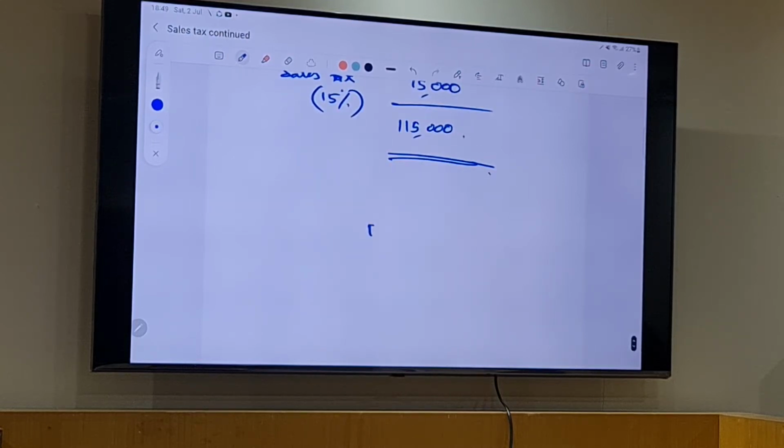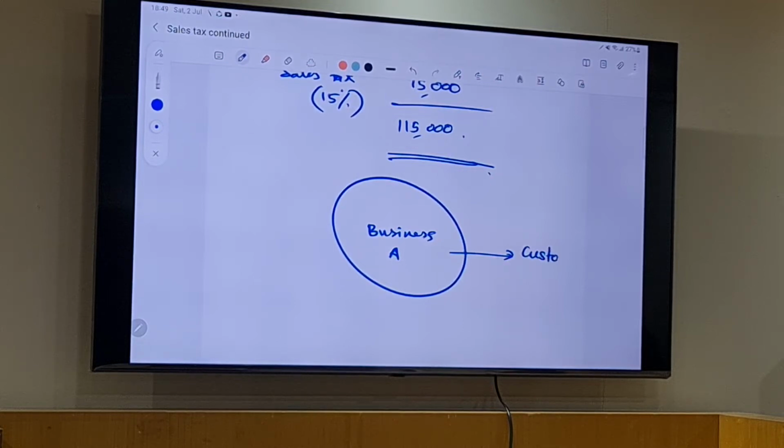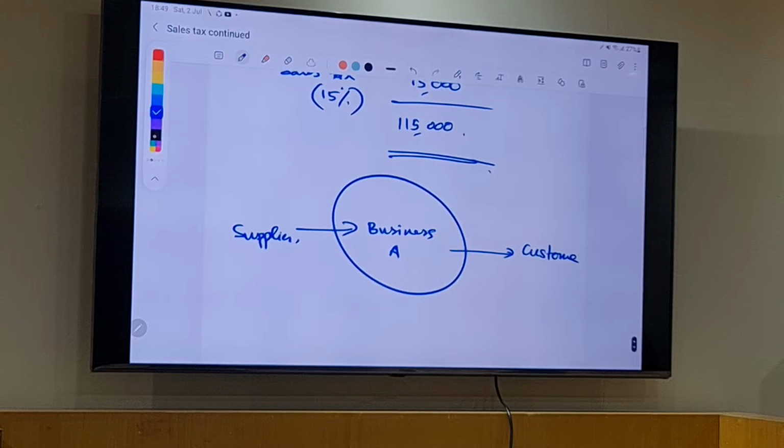So now I am the business. And then I have a customer, and also I have a supplier. I am selling goods worth 100,000, and for that I need to collect tax from the customer, how much? 15,000.